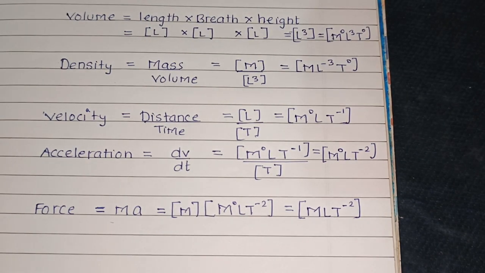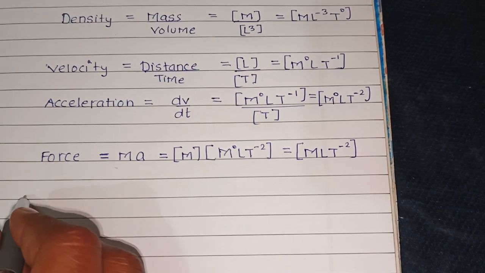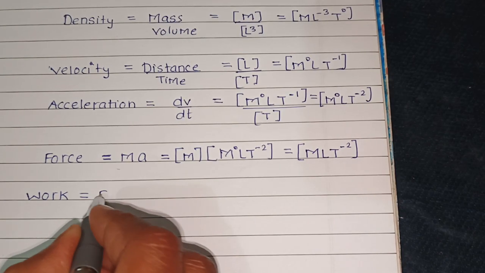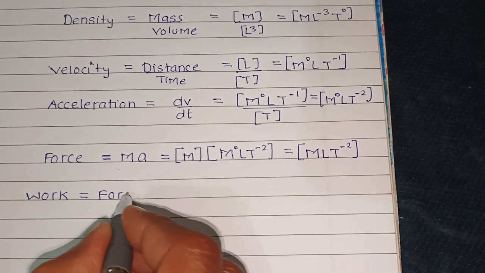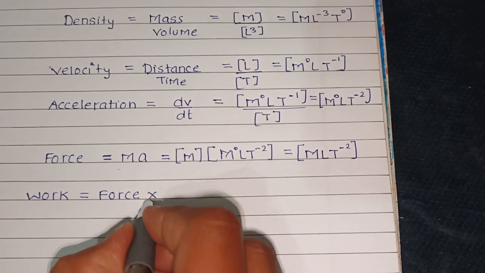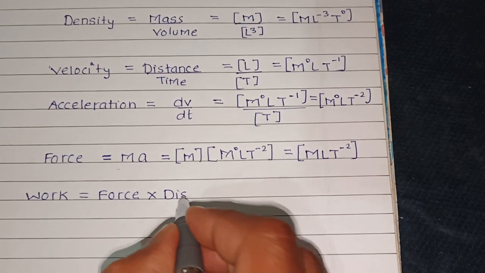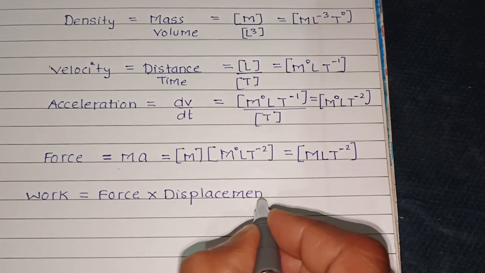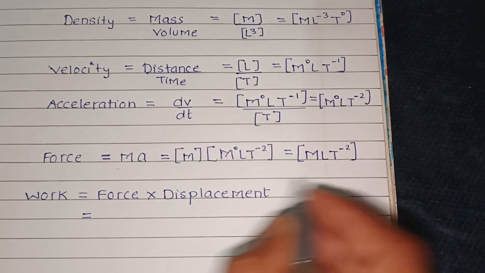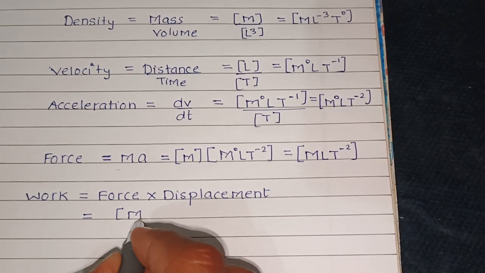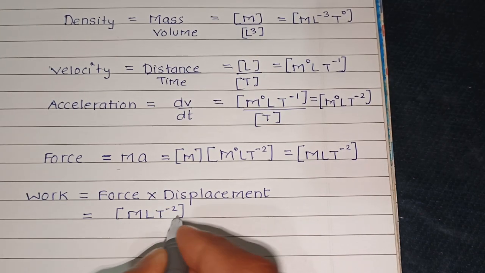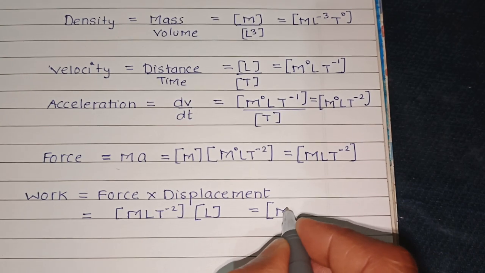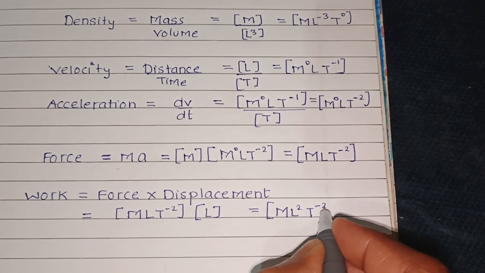Work. Work is force into displacement. Force is M L T to the power minus 2 and displacement is L, so the dimension of work is M L square T to the power minus 2.